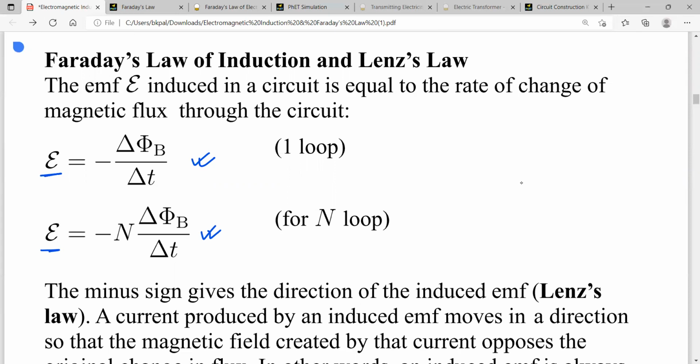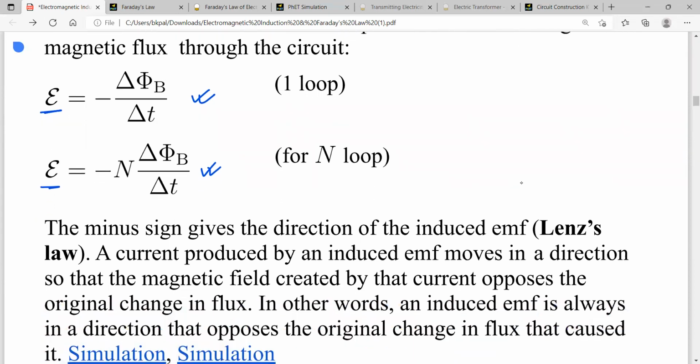And what is the minus sign? The minus sign gives the direction of the induced EMF. The minus sign is basically understood by Lenz, and this part is called Lenz's law.